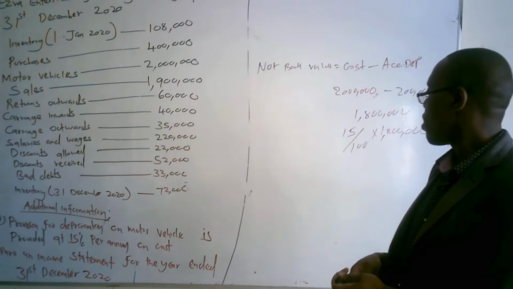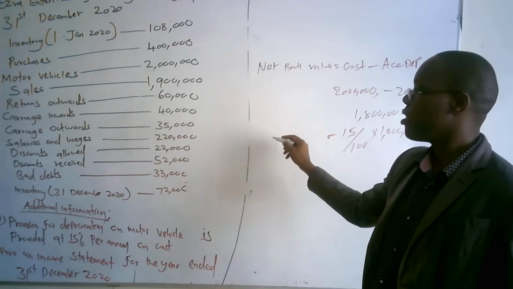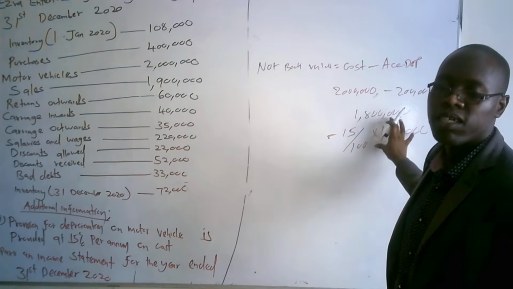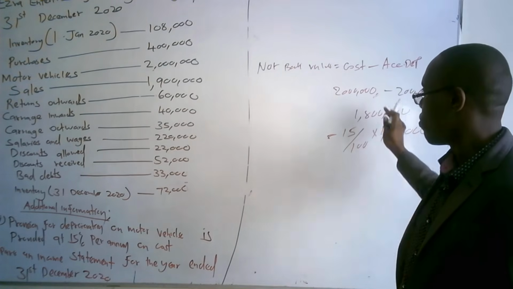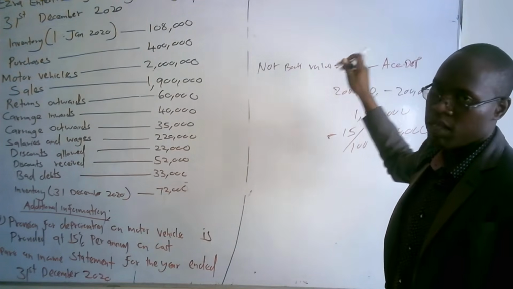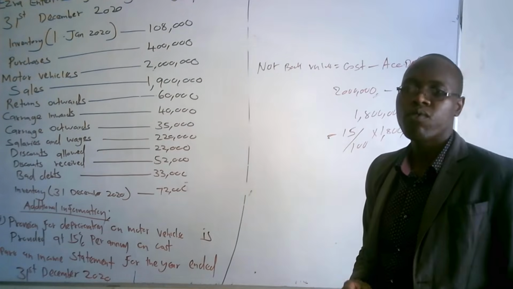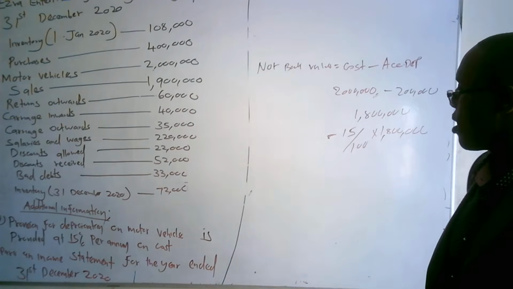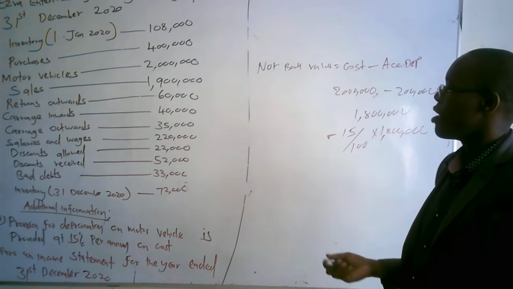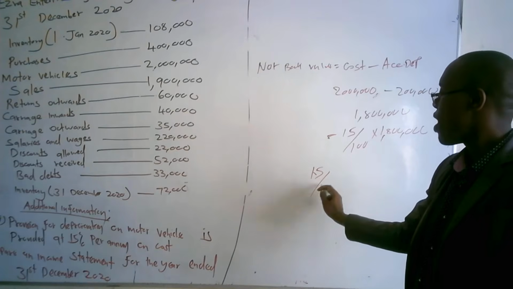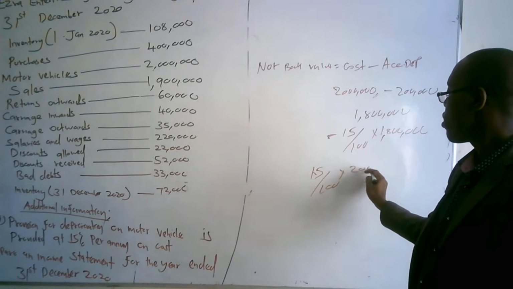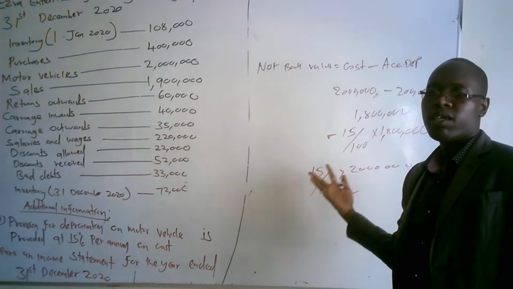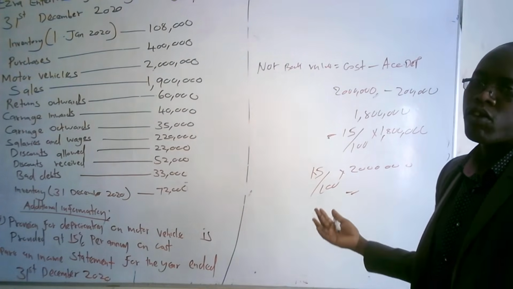When you do that, you have calculated depreciation using the reducing balance method, because the depreciation you have calculated is on the net book value after subtracting the accumulated depreciation. For net book value, they must always give you the accumulated depreciation. But on the straight line method, you just go direct. So if I calculate 15 over 100 times 2 million, the answer I get is the answer of the straight line method of depreciation.